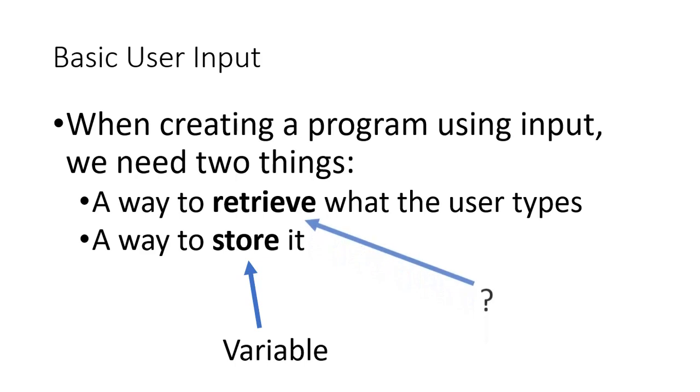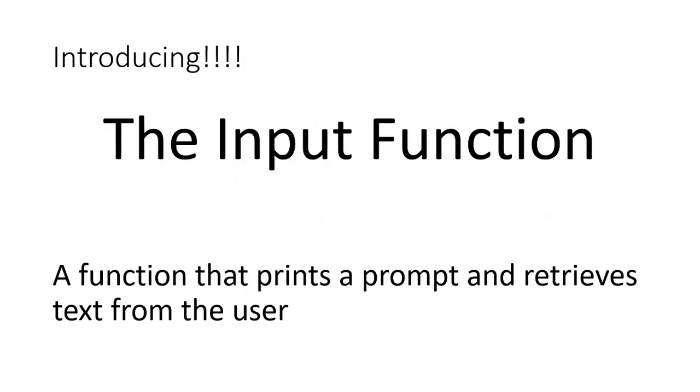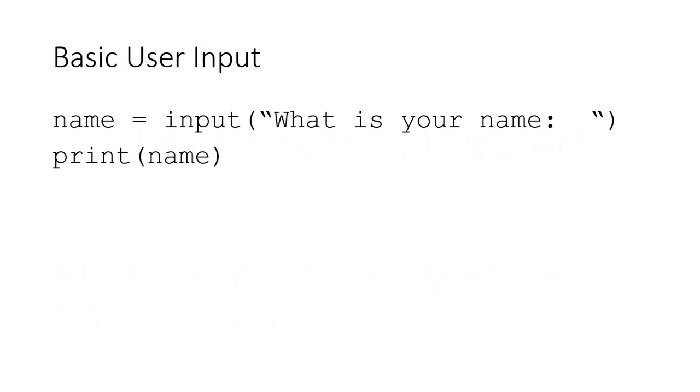The thing that we need to talk about today is how do you retrieve what the user types in? Thus, the input function was given to us. The input function is going to print a prompt for you and retrieve the text from the user.